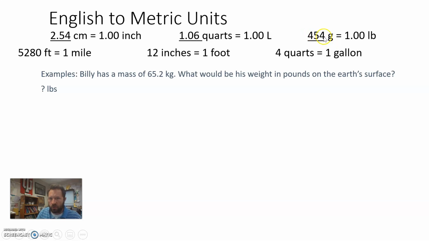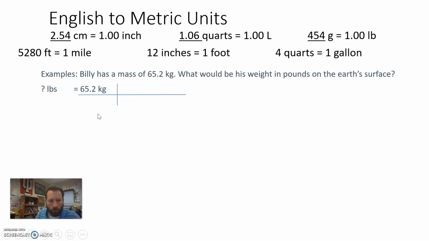You'll notice I've got it underlined. This is your metric to American conversion here. So question mark pounds. What will his weight be in pounds? He has a mass of 65.2 kilograms. That's what they gave us. That goes here. All right, our question is set up.